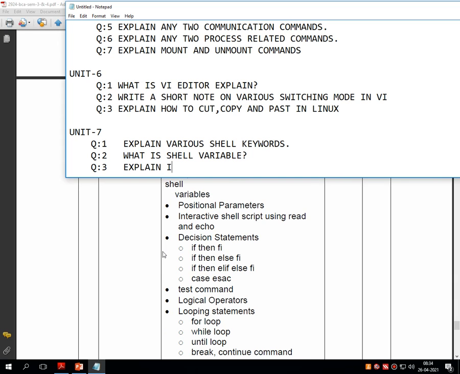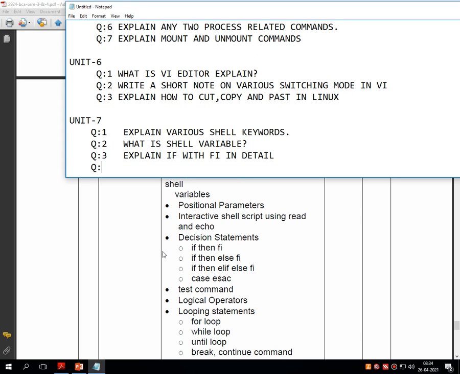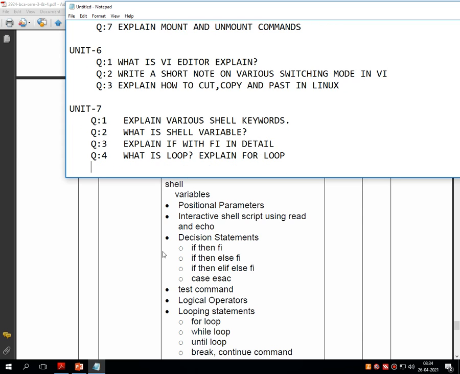Explain if with fi in detail. Question number 4. What is loop? Explain for loop. Or even they can ask, what is while loop? Explain.